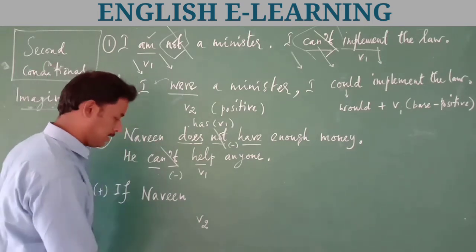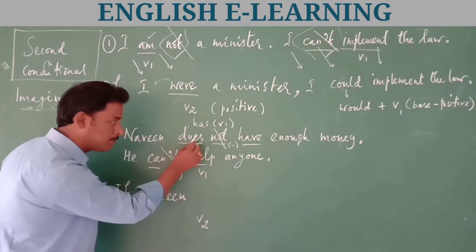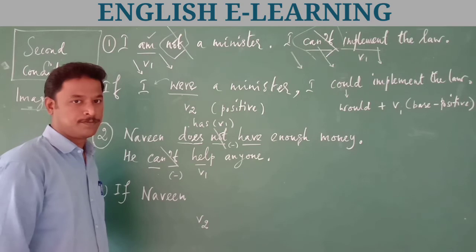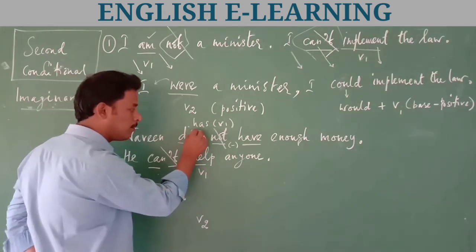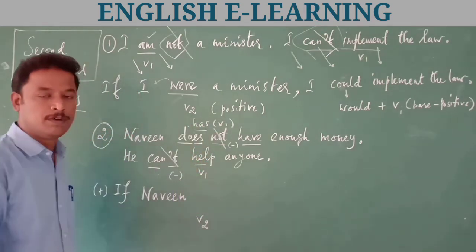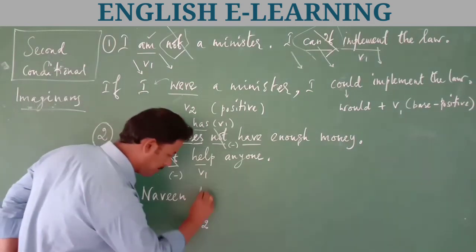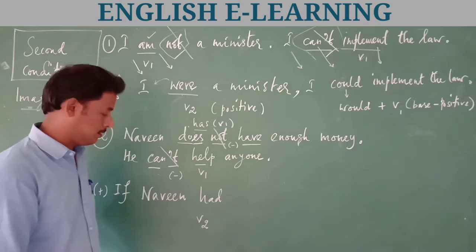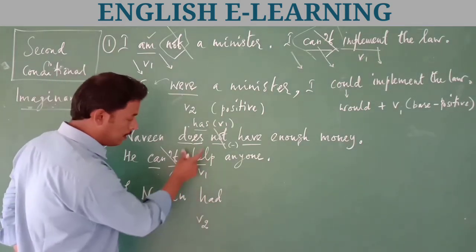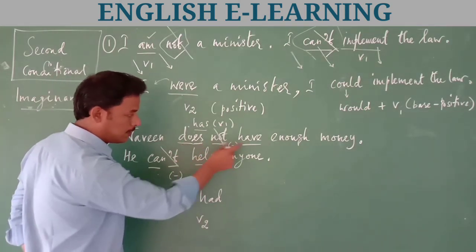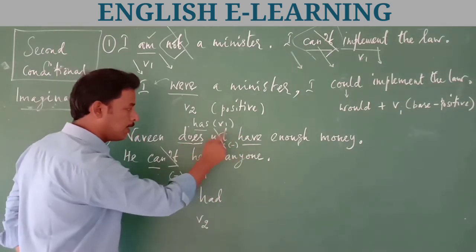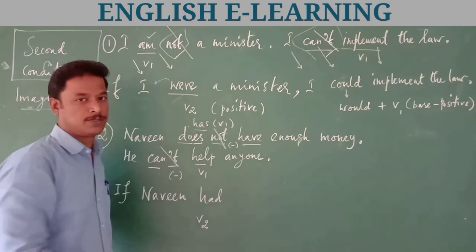Right. Next, this present verb should be changed into past. So, what is the past form of this verb? Had. Okay. Look at the verb does plus have. Does plus have is has.